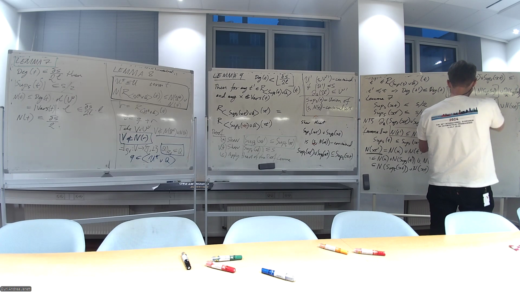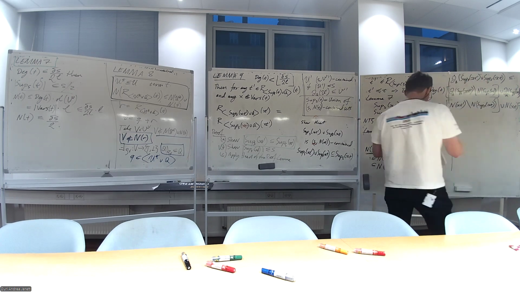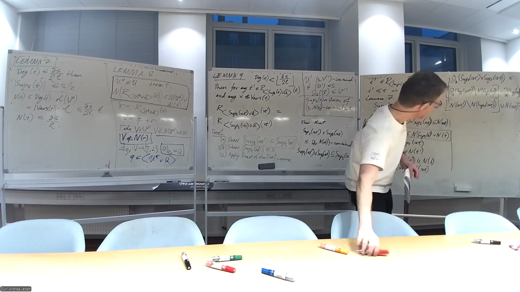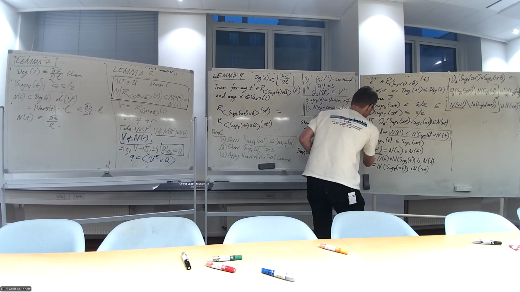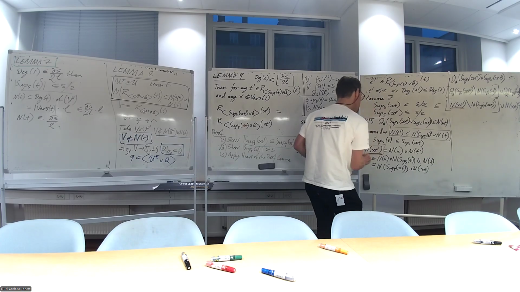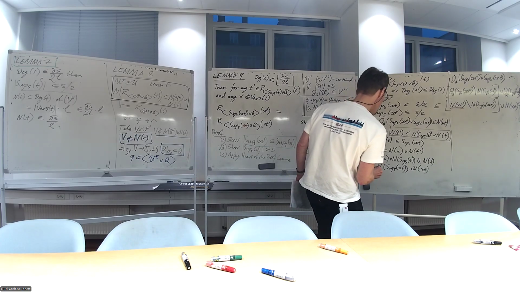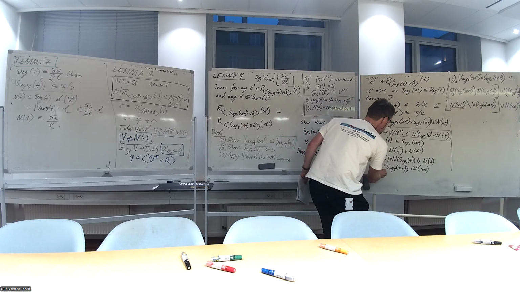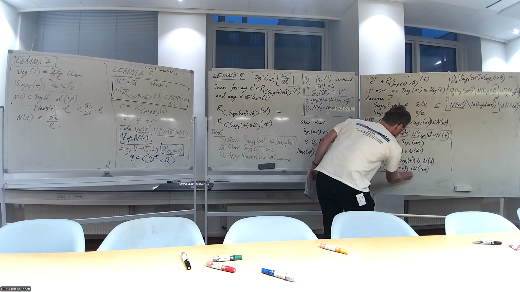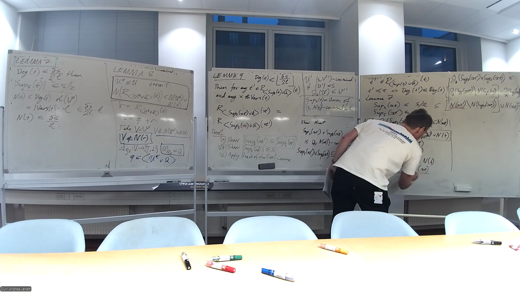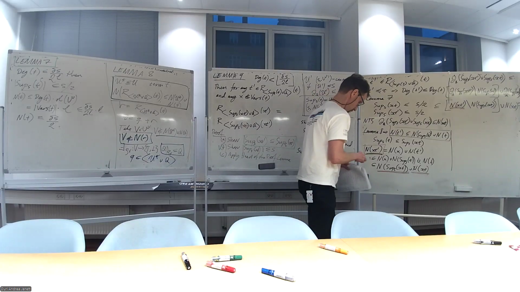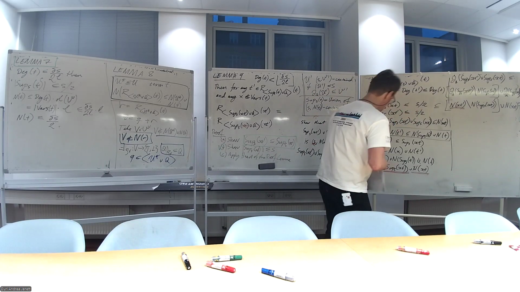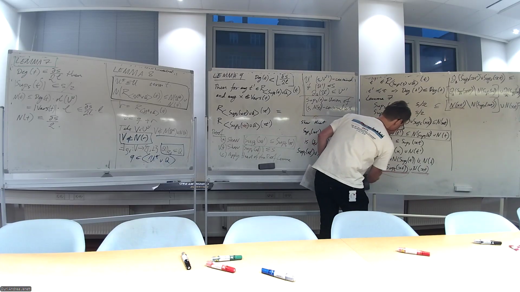And now let's see, what do I know about this guy? Down here, I know that that is contained in the neighborhood of the support of xt union the neighborhood of xt. Let's look at this guy.